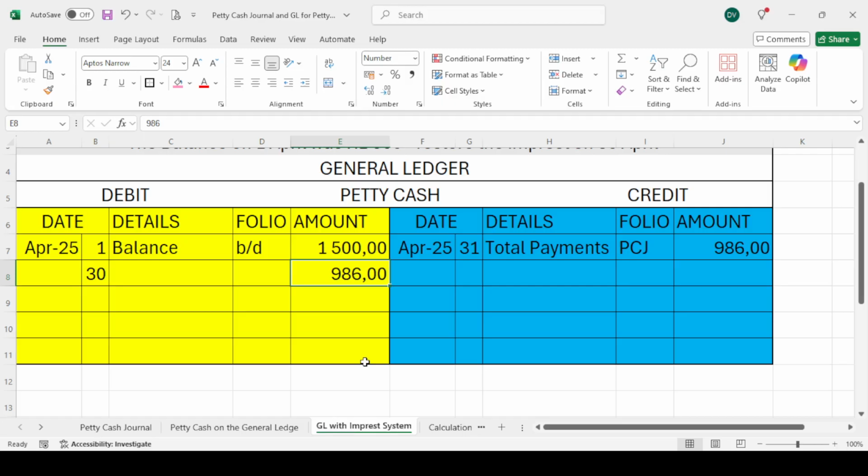He is going to probably give you a check for 986 Rand. You're going to go to the bank, cash the check, come back to the office with the cash, and put the cash in the petty cash box. You have now almost restored the Imprest.